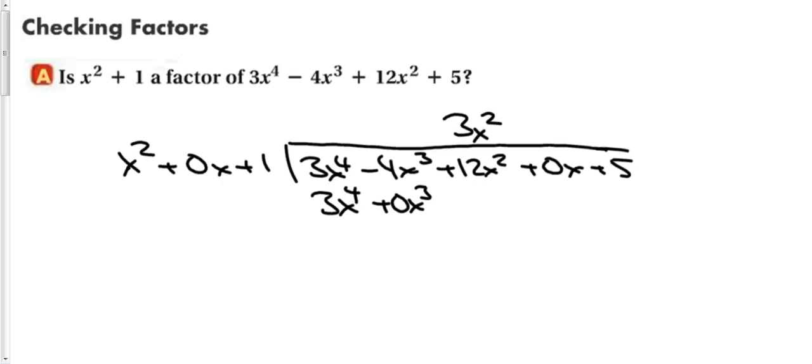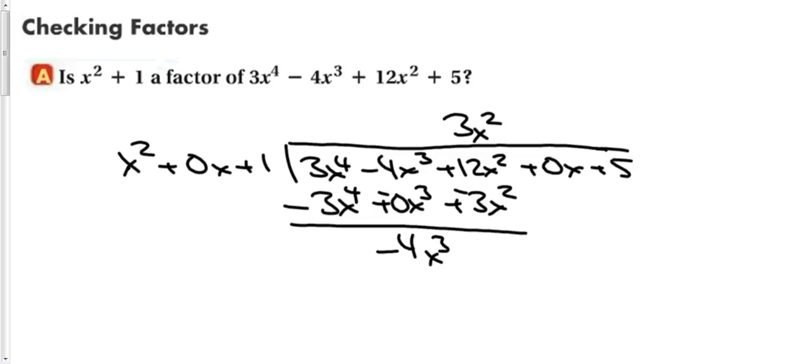They're just there as placeholders for the other terms. 3x squared times 1 gives me a 3x squared. Remember to subtract everything. Doesn't matter for the 0. Okay, so that cancels. We have a negative 4x to the third, and we have a plus 9x squared.